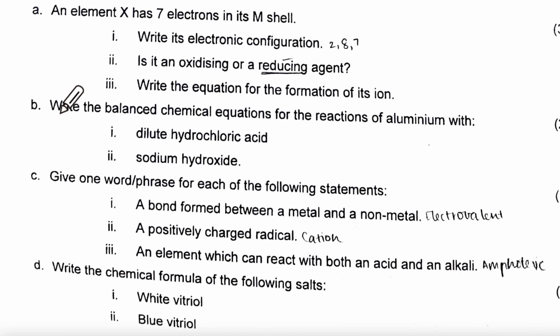Now look at this. Balanced chemical equation for aluminium with dilute HCl. So Al plus HCl dilute. Al is an active metal, it is above H, so it will displace H and will combine with Cl. What will it form? AlCl3, because Al you have to do in your mind 3 plus and Cl1 minus.